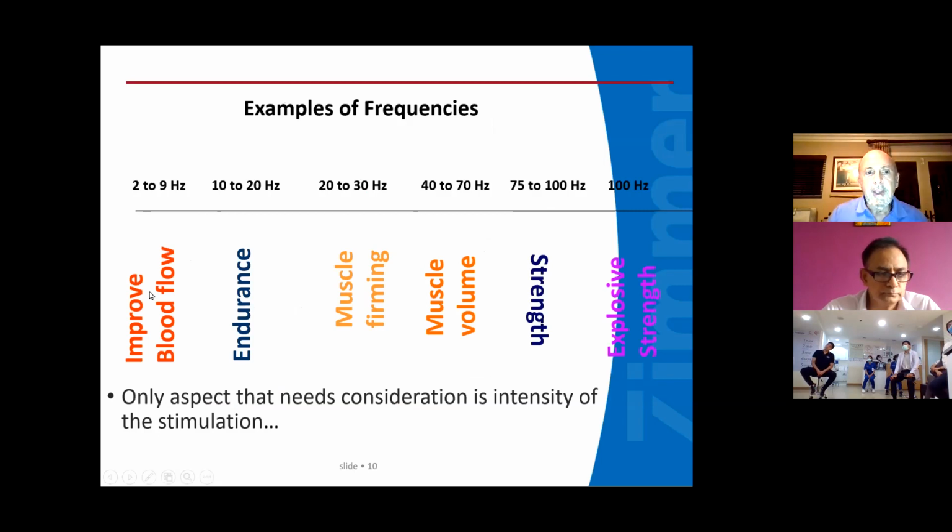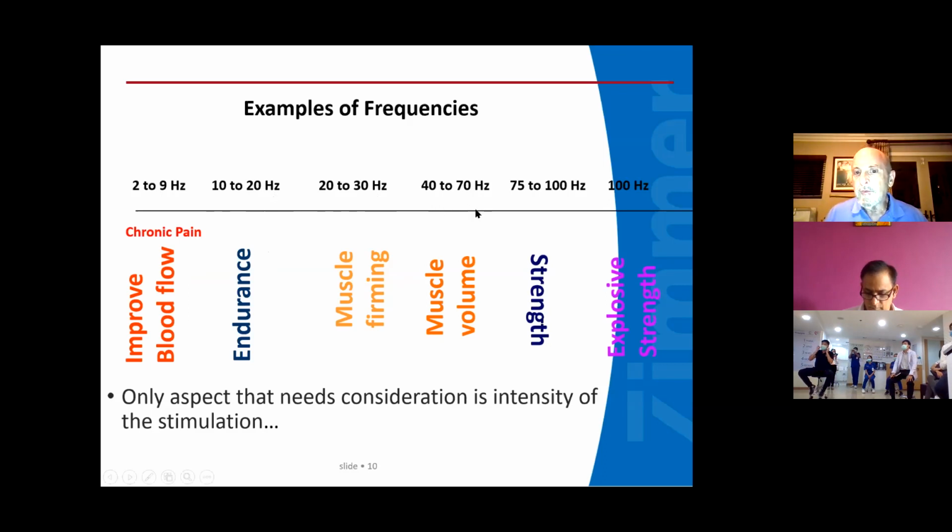But going back to frequencies, we have the ability to adjust frequencies. If we look at a low frequency, somewhere between 2 to 9 hertz, that's something that could absolutely increase blood flow, almost like an active recovery, but that is actually the perfect frequency for chronic pain. If we move it up to about 10 to 20 hertz, now we're really focusing on the endurance of a muscle. 20 to 30, this is where most human beings will actually have a contraction.